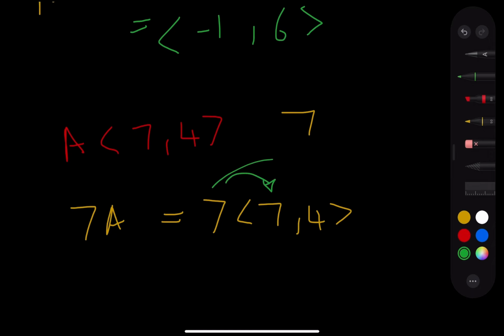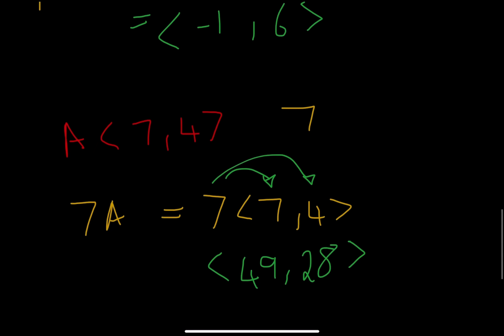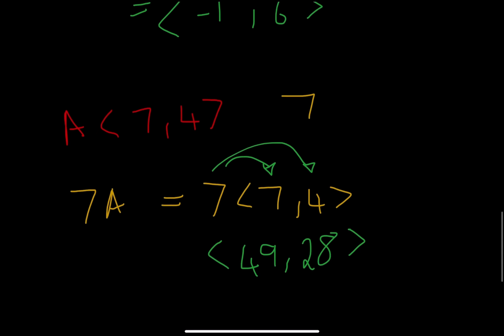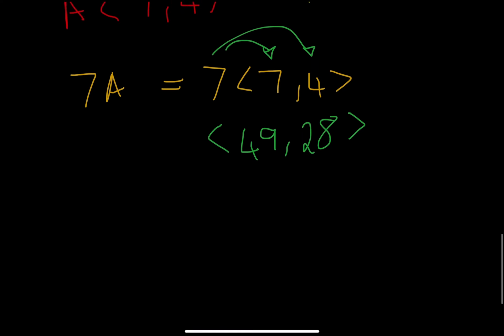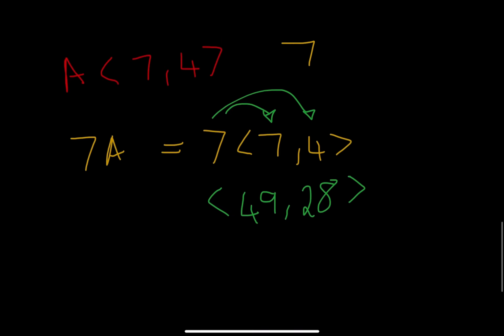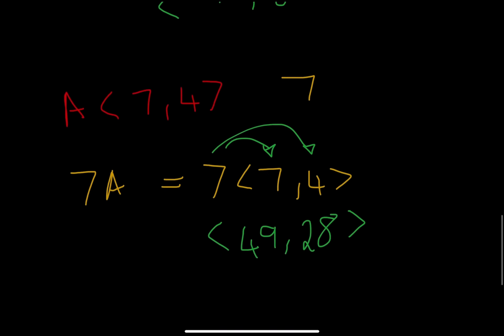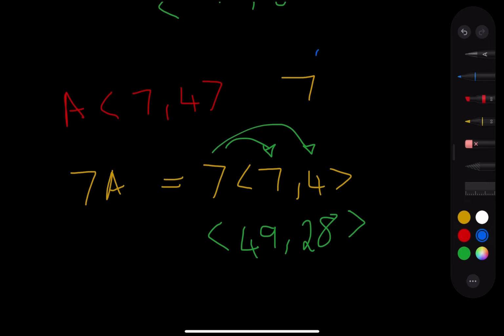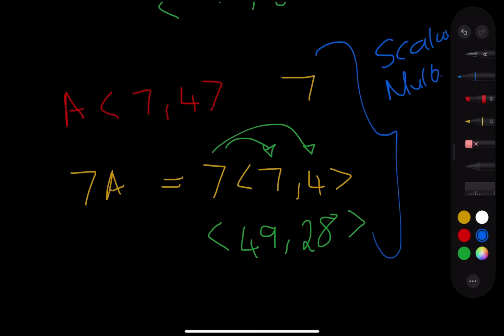So the 7 goes here, the 7 goes here, and then we'd get 49 and I think 28. Yeah. So that is pretty much the most basic computation that will come with a vector. You get your addition, you get your subtraction, and obviously you get your multiplication. The multiplication, again, you call it scalar multiplication. So everything we did here would be scalar multiplication, right?